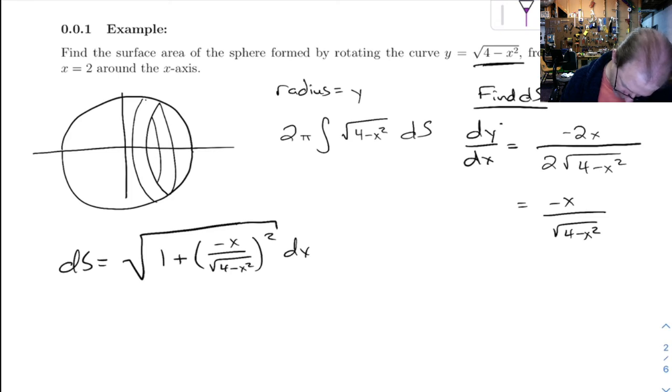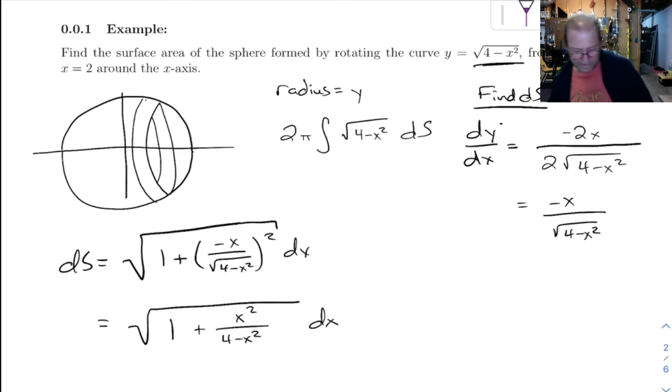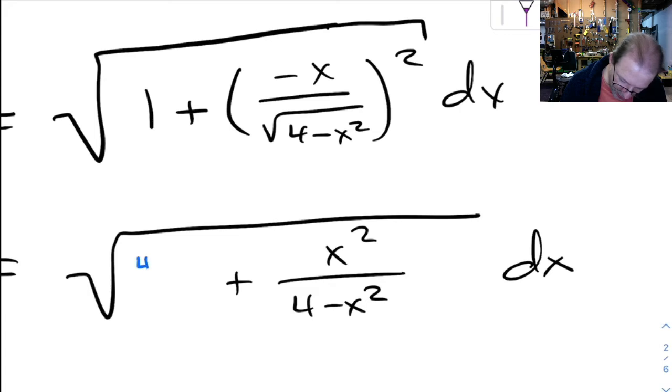So if I square that out, I get x squared on top and 4 minus x squared on bottom. And I'm going to do one more thing here. I'm going to replace that 1 with 4 minus x squared over 4 minus x squared.